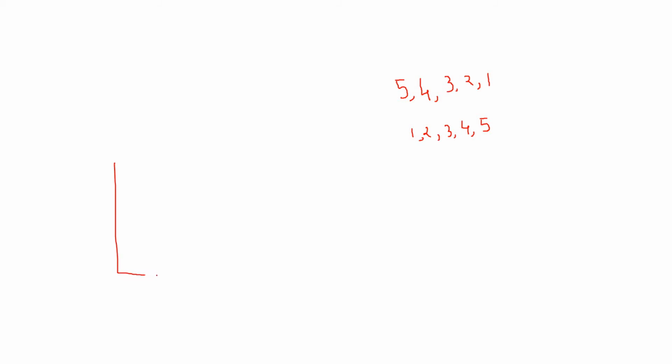Here suppose initially we have one empty stack. This is our input and this is our output. Now we will start traversing our input array from the left, up to the last element. Each time we will extract one element from our input list and push that into our stack.